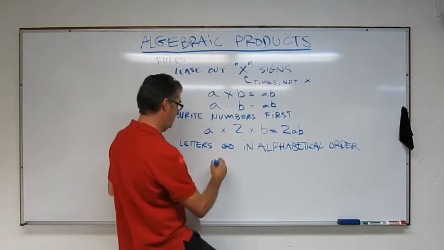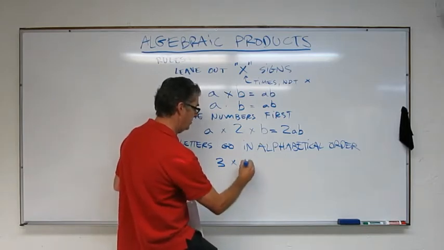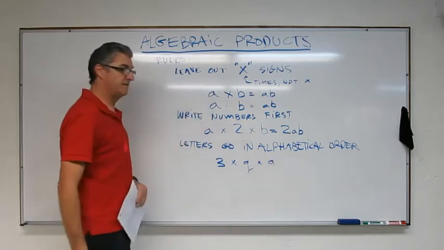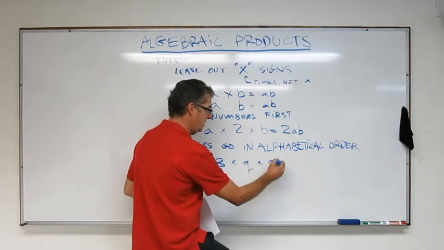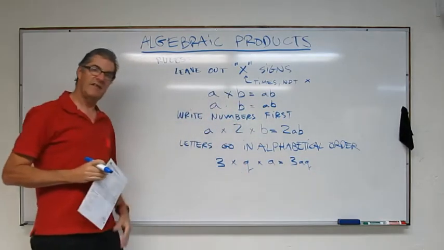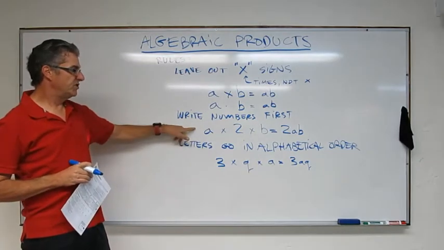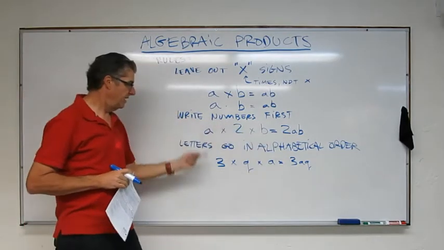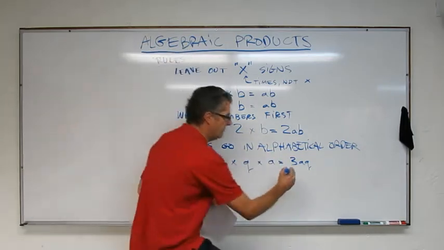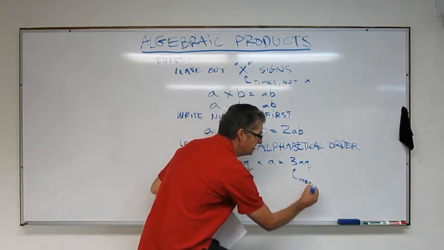So if I did 3 times Q times A, that would end up being 3AQ, like that, okay? So to summarize, leave out your times sign, put your numbers first, they go in front, and finally put your letters in alphabetical order. One more piece of vocabulary. The number is called the coefficient.